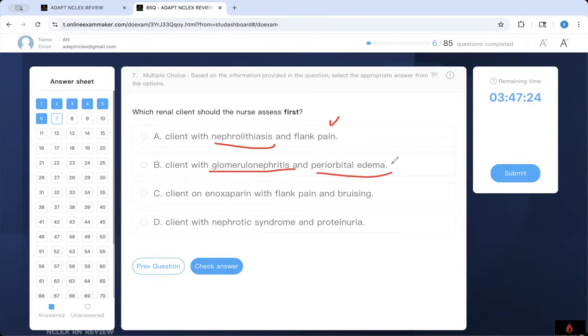I have periorbital edema. Okay, check. A client on enoxaparin, I have what? Flank pain and bruising. Okay. A client with nephrotic syndrome, I have what? Proteinuria. What do you think?